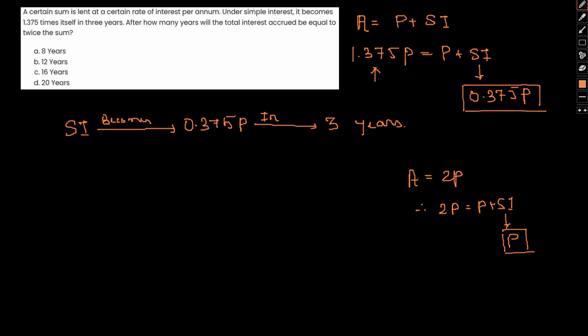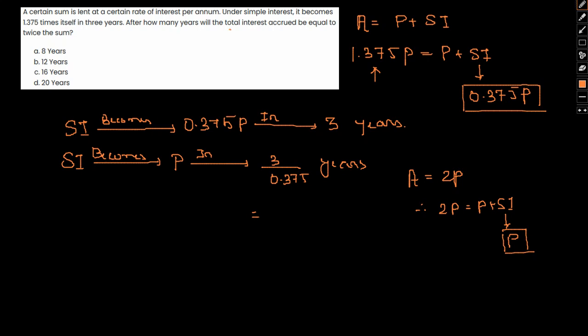So simple interest becomes equal to the principal in 3 by 0.375 years. Okay, sorry, the question was about the total interest accrued.